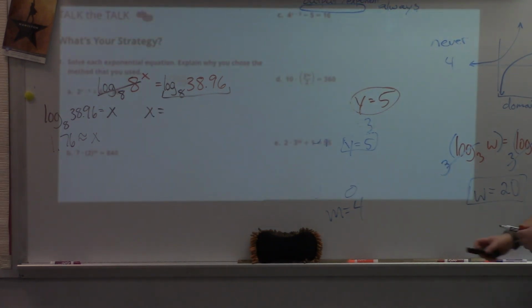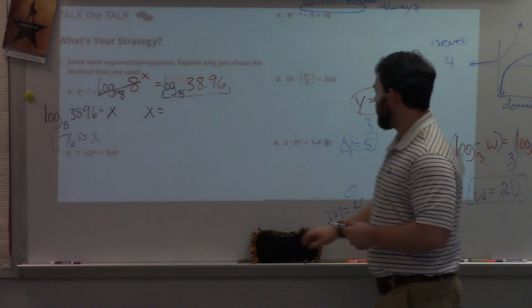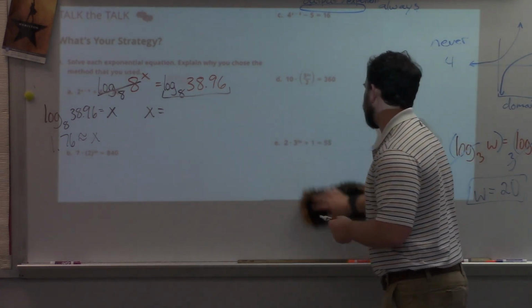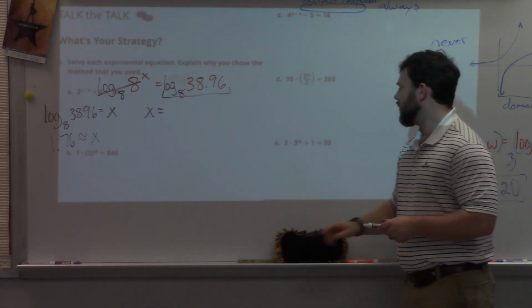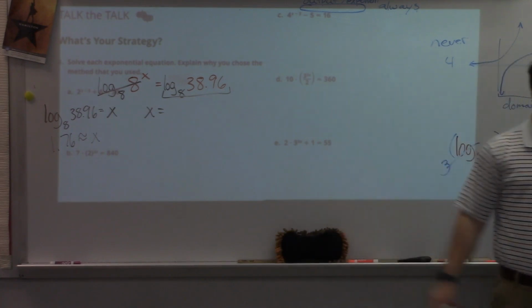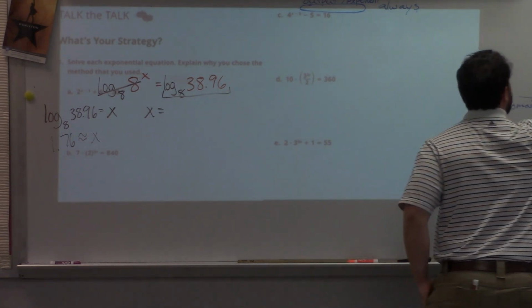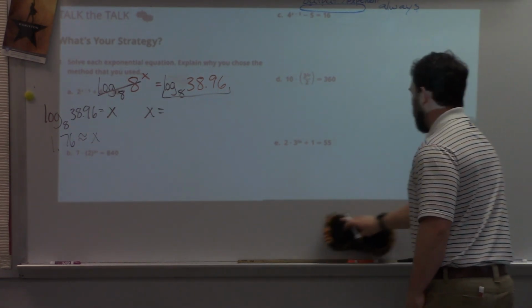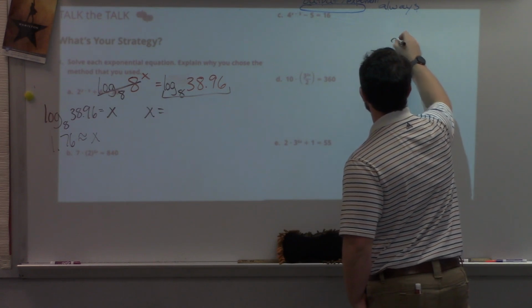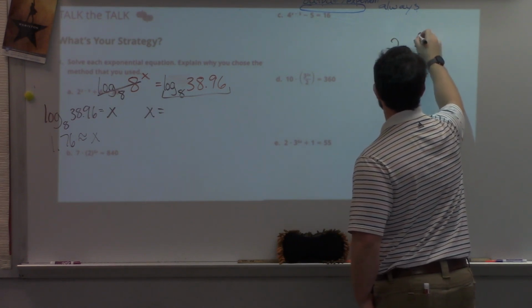Most of these will not be to this difficulty, but I do have one on there. This is on the Talk the Talk on page 204, letter E, and this is what we'll wrap up with. If you have an equation, what's a strategy that you can always use to solve equations?